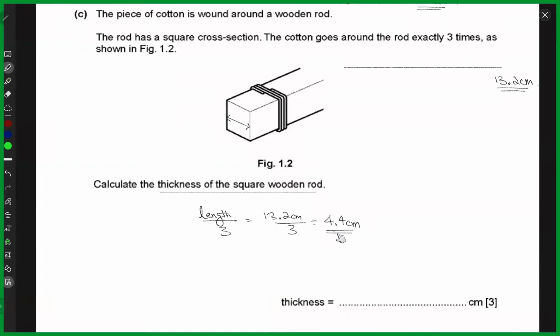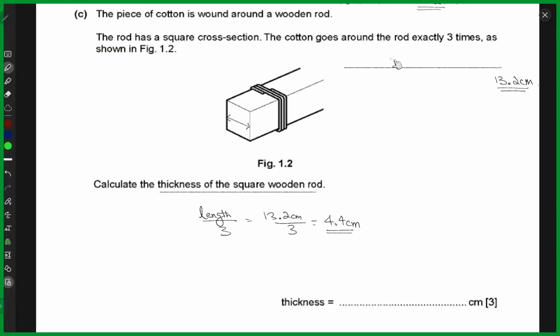13.2 divided by 3 would be 4.4, right? Yeah, I think it should be 4.4. Okay, so it's 4.4, and this 4.4 centimeters is implying that this cotton wrapped one time.